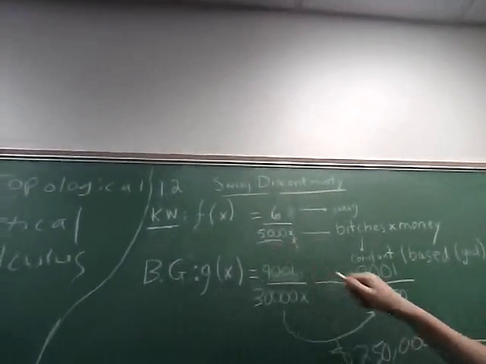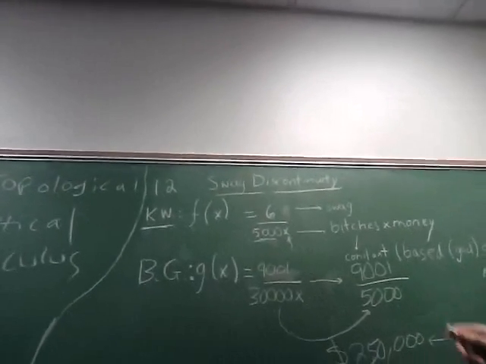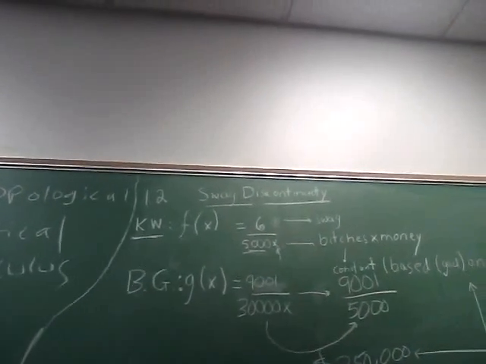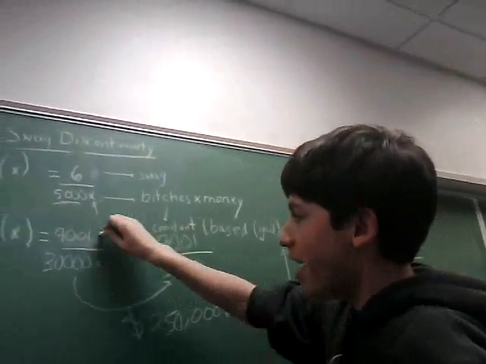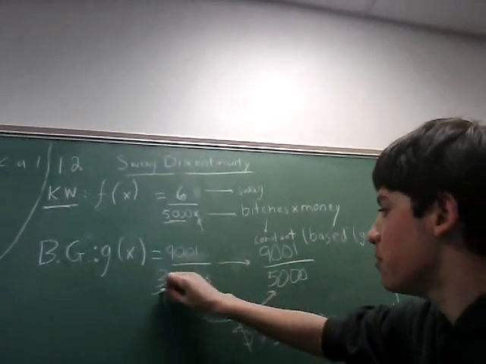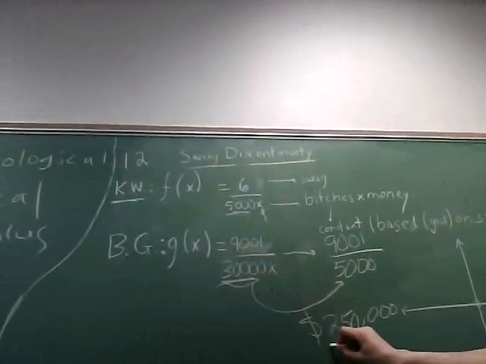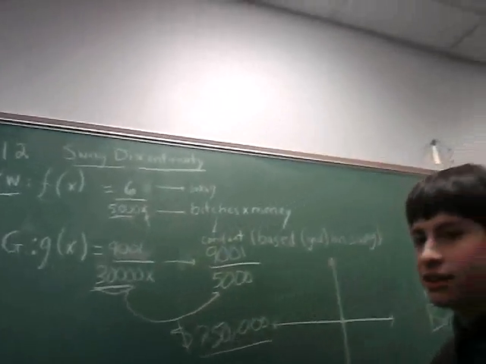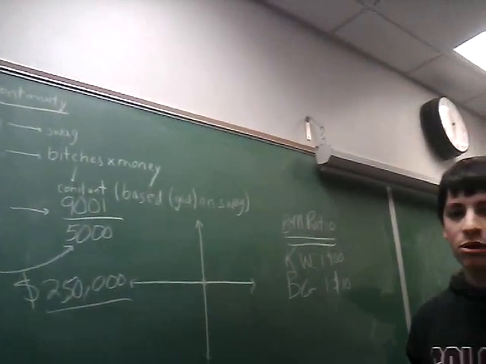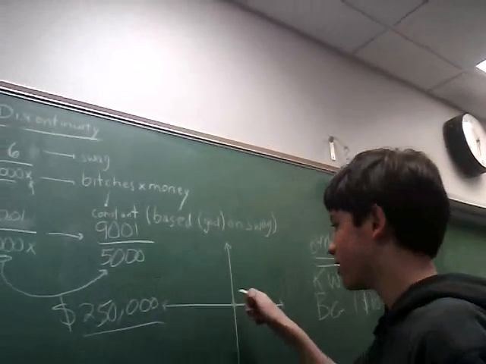The 5,000 bitches that he gets, he still has 0 money, and he's at a discontinuity, and that's no good. So the 9,001 swag, allowing him to have this many bitches, allows him to get $250,000 and still have the same amount of bitches as Kanye West. So that's pretty much swag discontinuity for you right there.